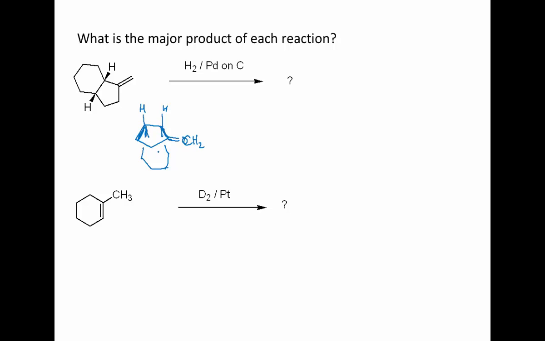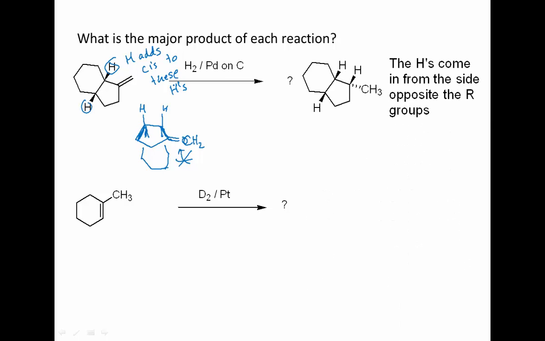What you see here is that the side that's on the same side as the six-membered ring is kind of hindered. Nothing wants to come from this direction, right? So we want to come from the same direction as the hydrogens that are depicted here. So we're going to add our new reagent cis to these hydrogens, and this is the product that we would predict from this one.